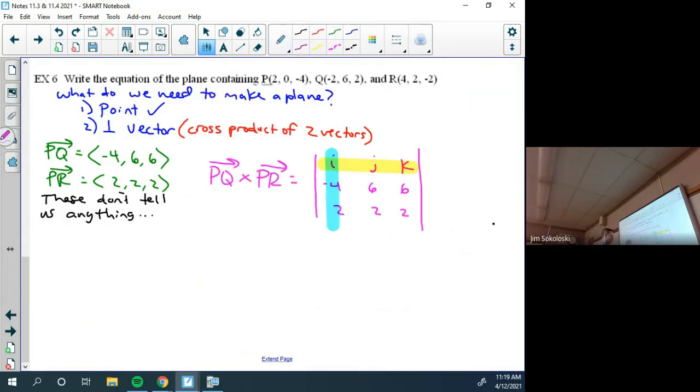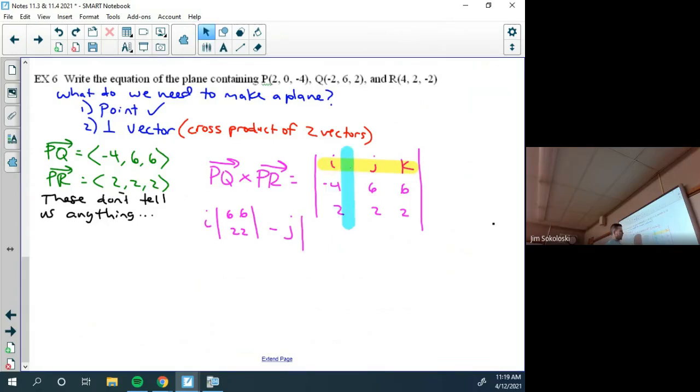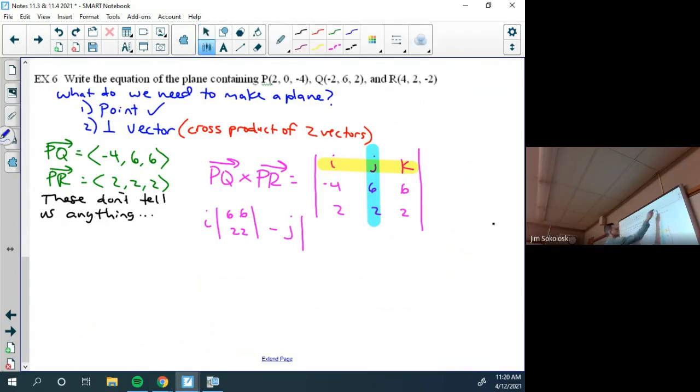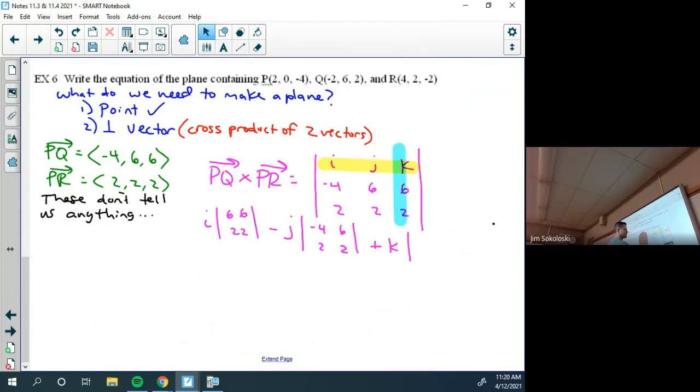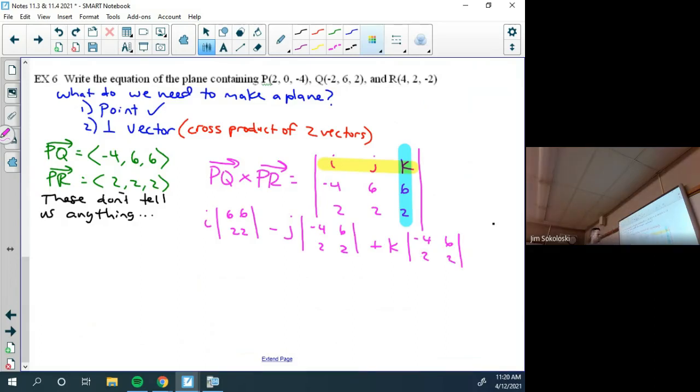Okay, so now I know this is going to be i times the determinant of 6, 6, 2, 2, minus j times the determinant of -4, 6, 2, 2, plus k times, right? And I know I have the luxury of moving this all around, and you don't have that at home, but I think visually speaking, it's pretty cool.